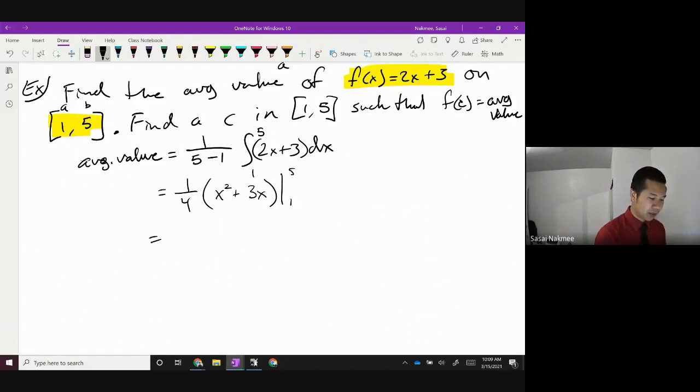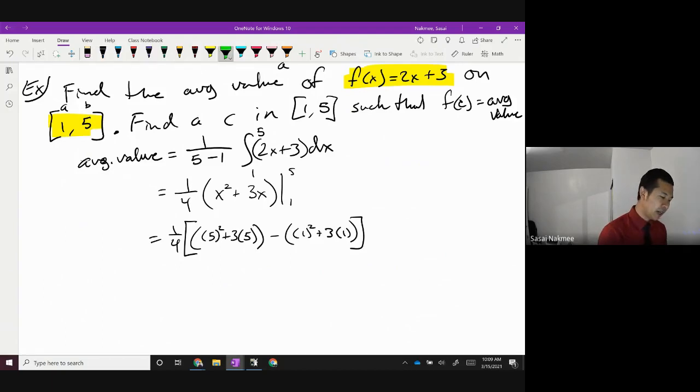Right? So I would plug these values in for x. So this is going to be 1 over 4, and this whole thing is going to be multiplying here. I'm going to do it in the first set of parentheses here. This is going to be 5 squared plus 3 times 5, minus 1 squared plus 3 times 1. All I'm doing here is evaluating these guys right here.